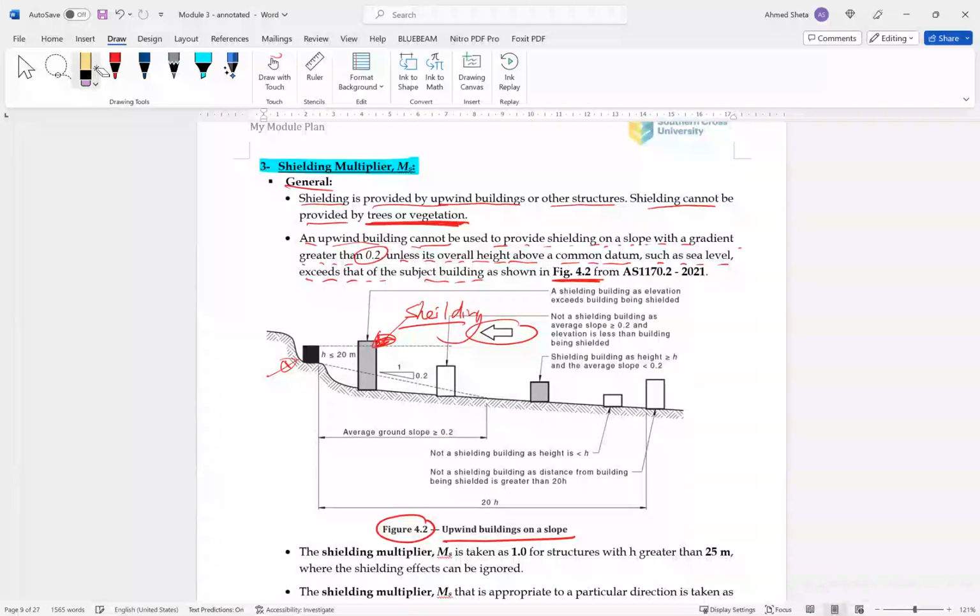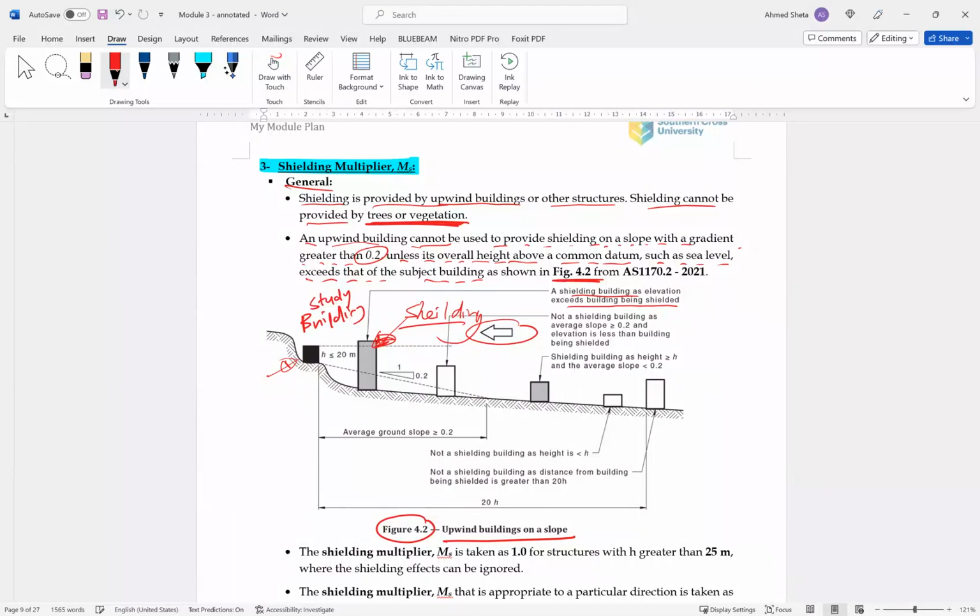So this can cause shielding. So a shielding building has elevation exceeding the building being shielded. Because this height is more than the height of the building we are studying, this building can provide shielding.